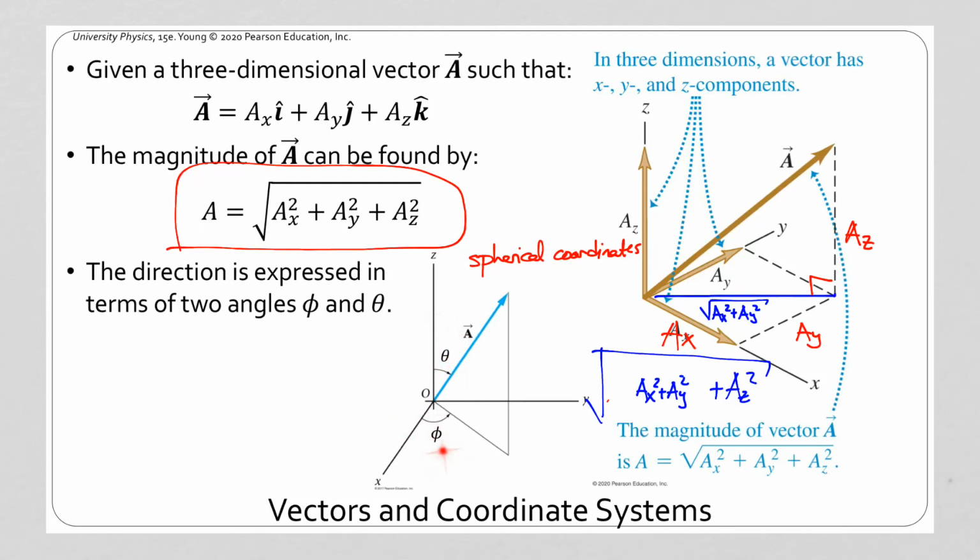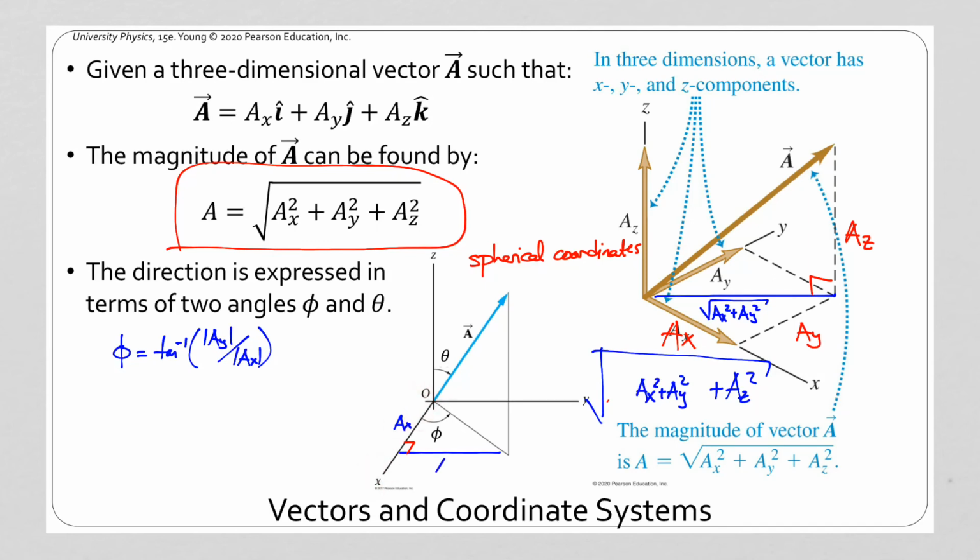So in this case, we can find this angle just the normal way. Right? We can find angle phi as the inverse tangent of the x and y components, because this angle is just a rotational angle. It's rotating about the z-axis, and so it's just going to depend on the x and y components. Right? You can imagine here we have a right triangle. This is ax along the x-axis, pointing out of the page at us.